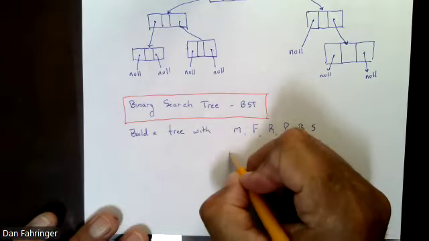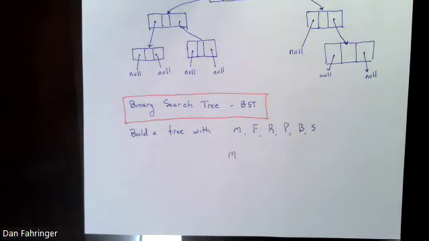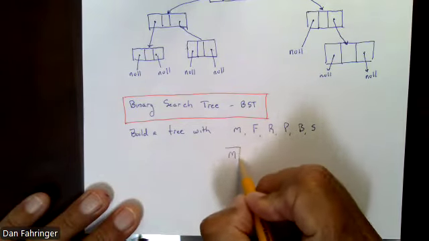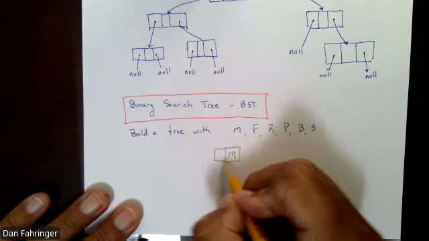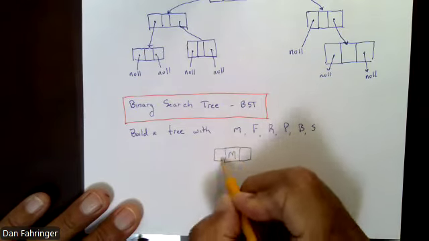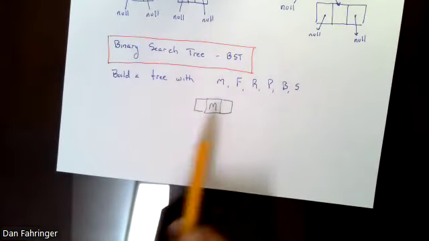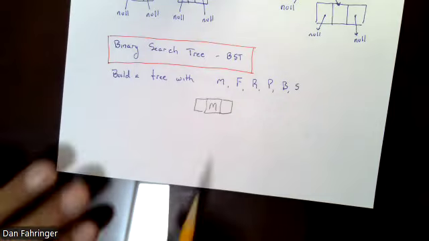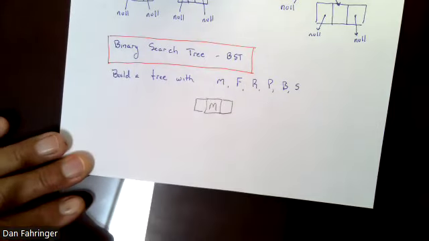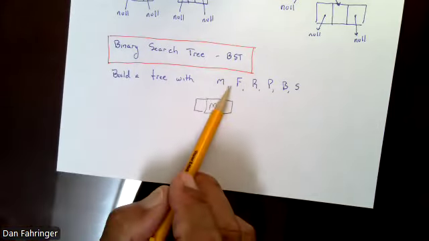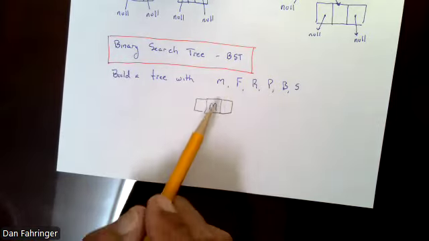First letter, M, going to be at the top. M. If I wanted to make it look like a node, I could and have all kinds of arrows. But as we get better at this, you're going to be drawing it a little quicker. Now, the next letter is F. Where do I want to put the F?